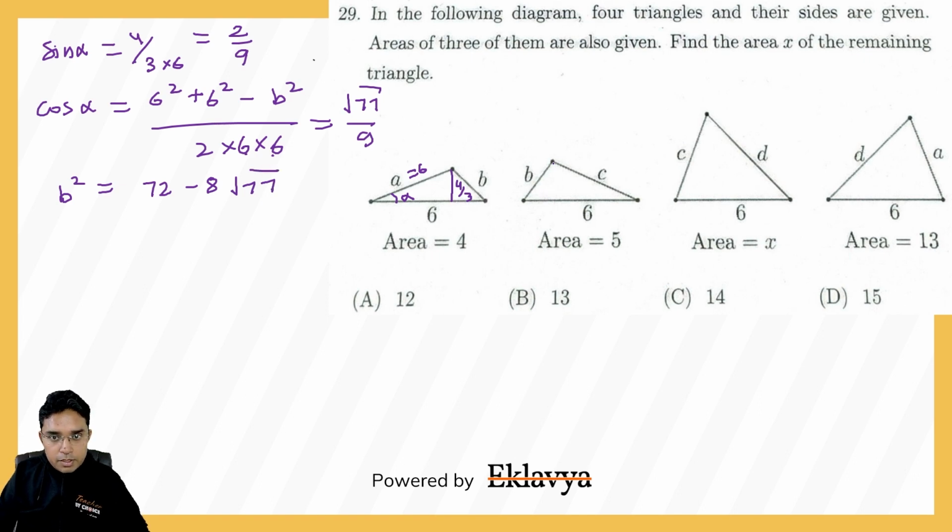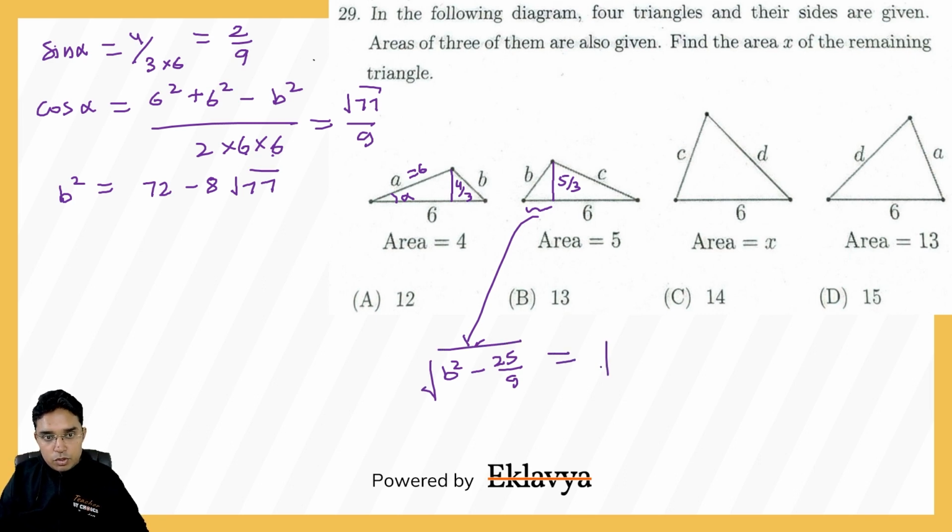Now this height is actually 5/3. So this base here, as I showed you in that example, should have been 4/3, but here it will not be 4/3. It will actually be the square root of B square minus 25/9. If you put B square equal to this, 72 minus 8√77 minus 25/9, I don't think it can be 4/3.